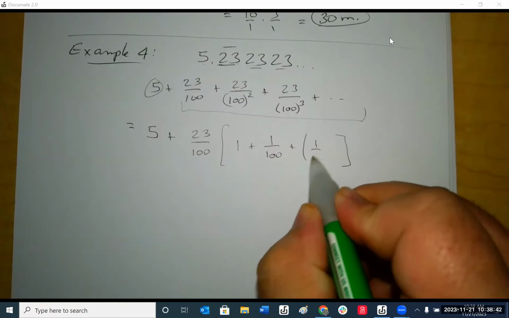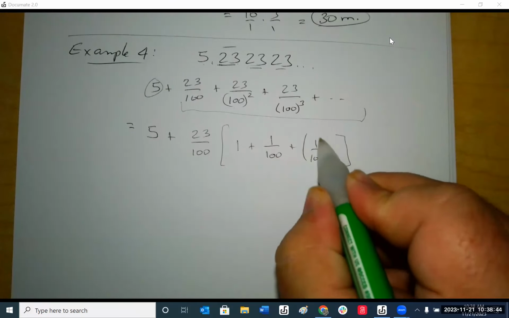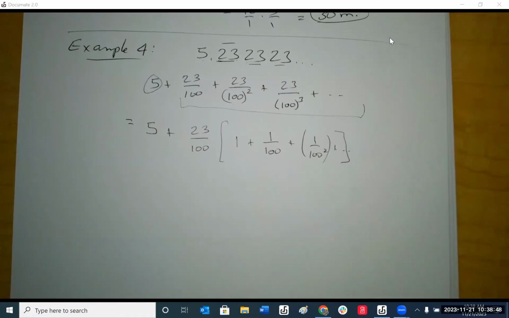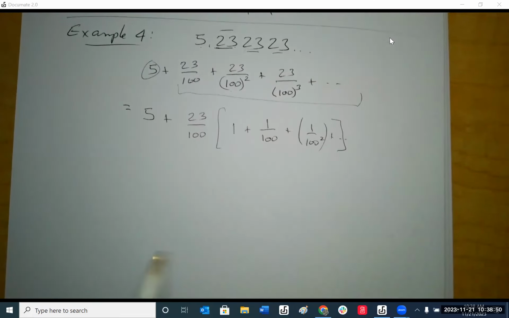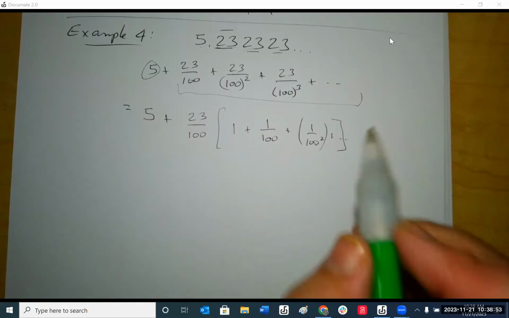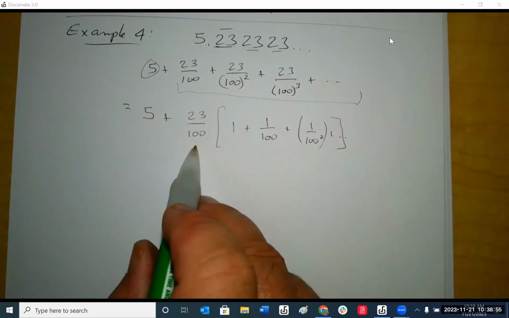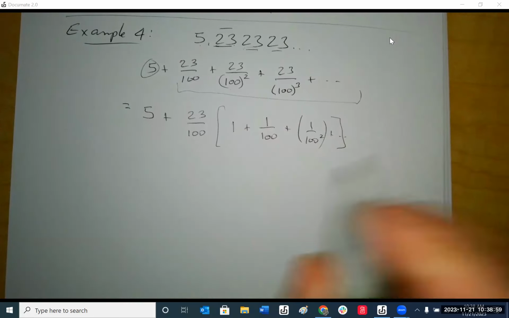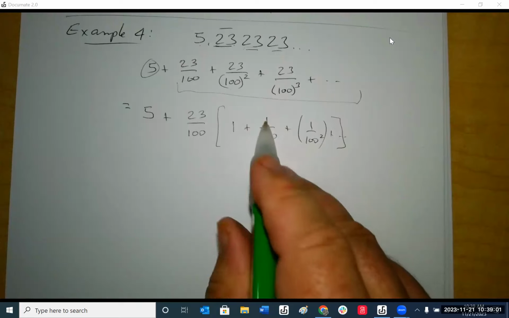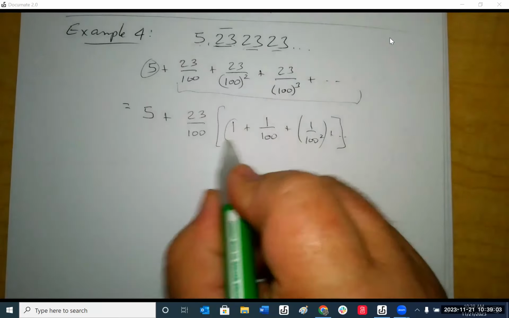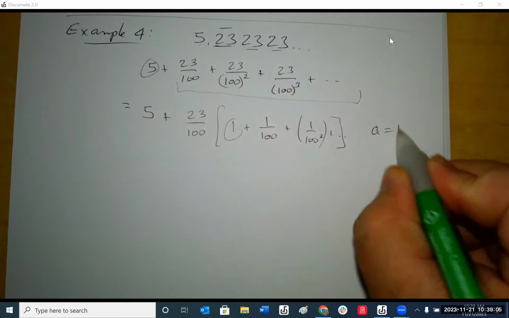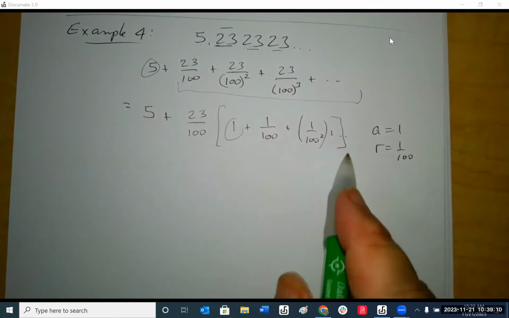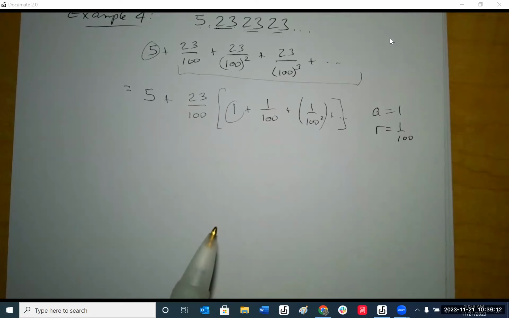This one's going to be 1 over 100 squared, and so on and so forth. So with this, we see our sequence. The ratio is 1 over 100. A is 1, and the ratio is 1 over 100. Then it just keeps on going the same the entire time.